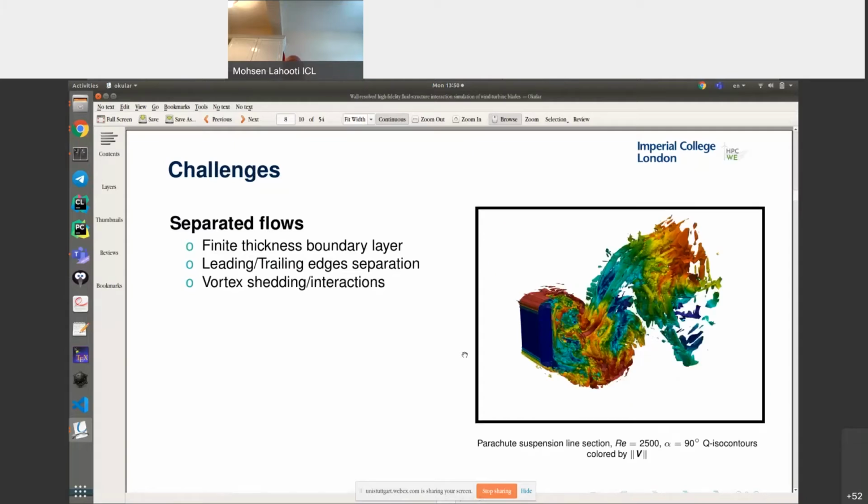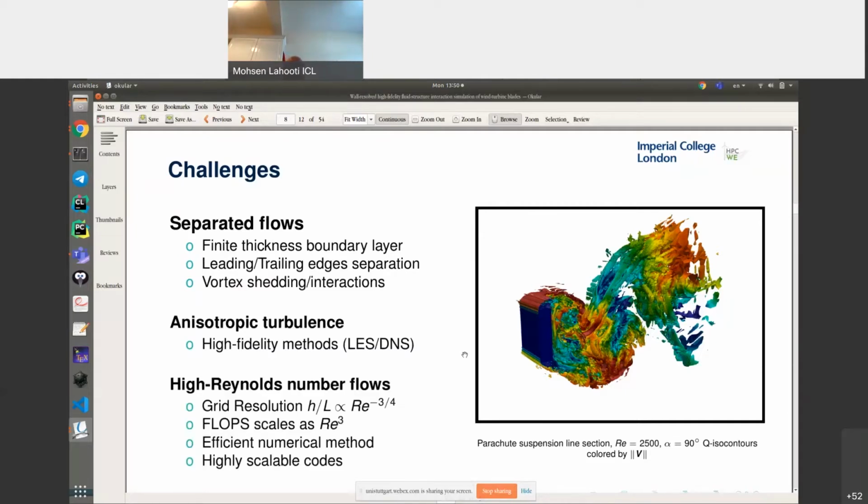When we have VIV, and it's highly probable that it will happen in the parked condition, we will have vortex shedding and interaction. In addition, because of the motion of the structure, the turbulent flow will have anisotropic turbulence, which will require an LES or DNS approach for accurately simulating the flow dynamics and getting an accurate representation of the forces on the structure.